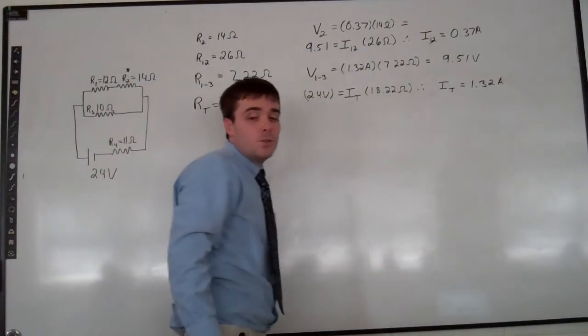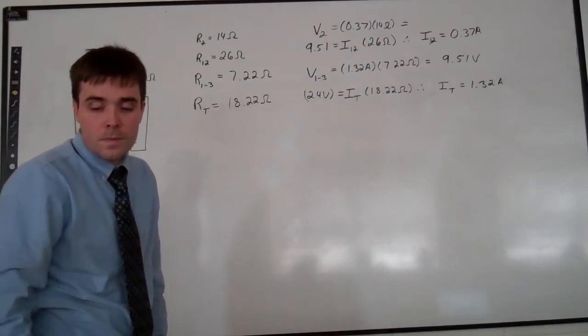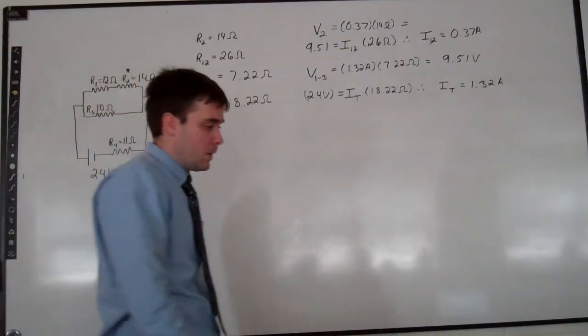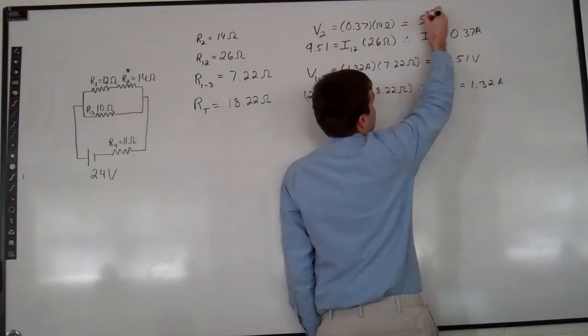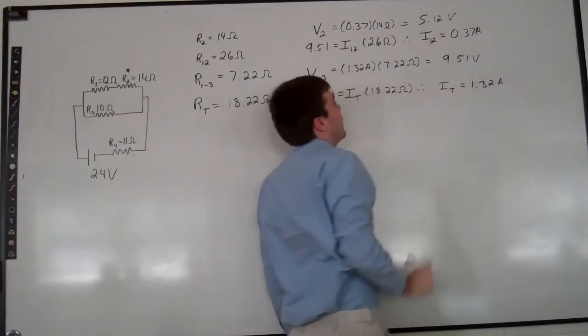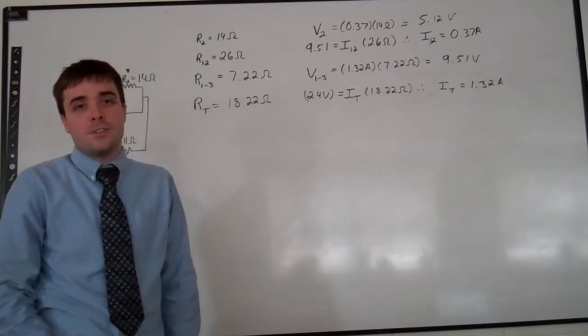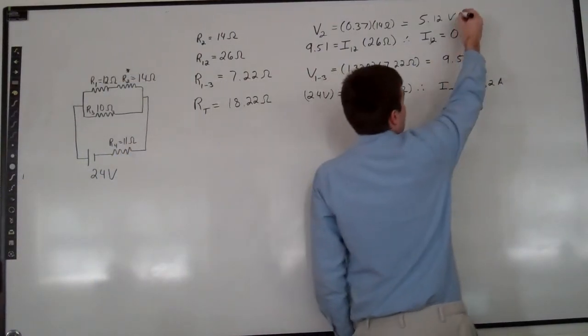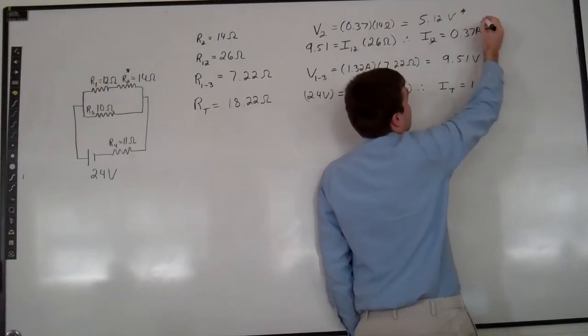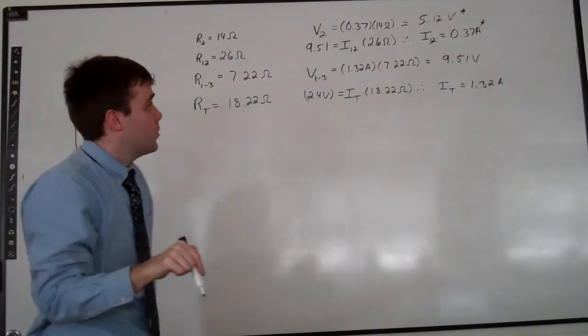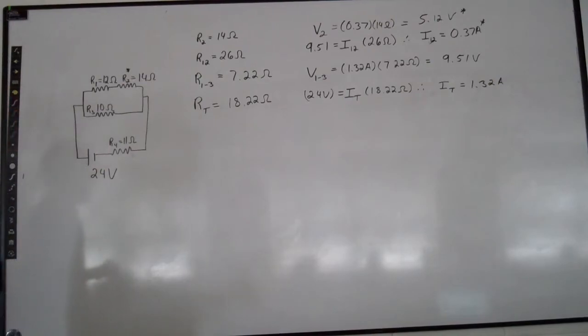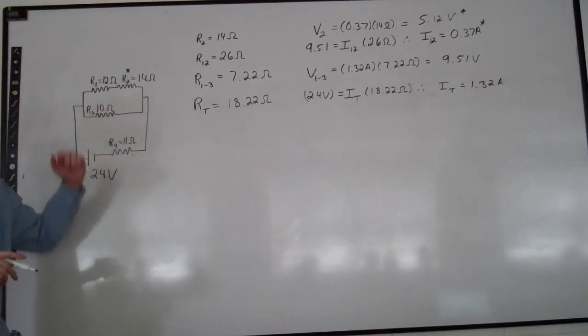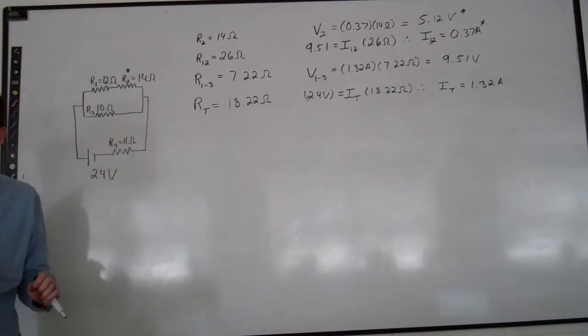So V across 2 equals 5.18. 5.12. Very close enough. And what are our answers? 5.12 and 0.37. So 5.12 is the voltage drop across R2, and 0.37 is the current through R2. It's also the current through R1, but it's both.